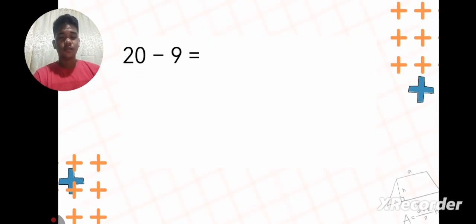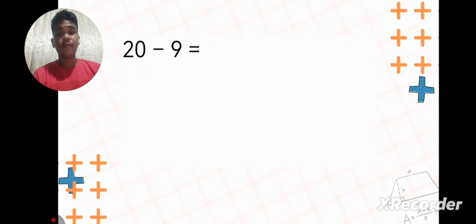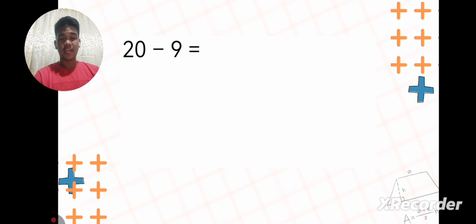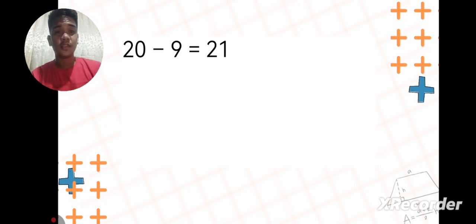For number one, 20 minus 9 equals. Okay, time's up. 20 minus 9 equals 21. There must be a mistake here.